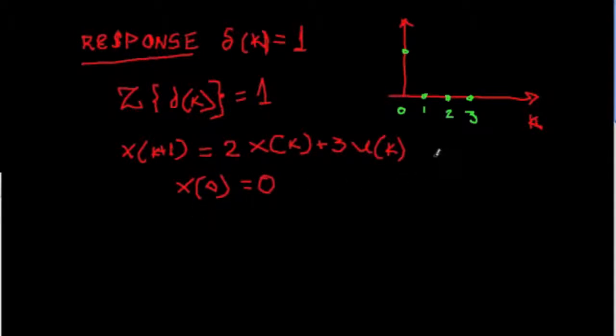If we obtain the Z transform input-output representation, we will obtain x of z equal to 3 over z minus 2 times u of z.